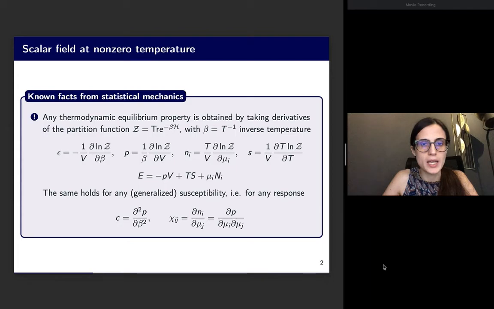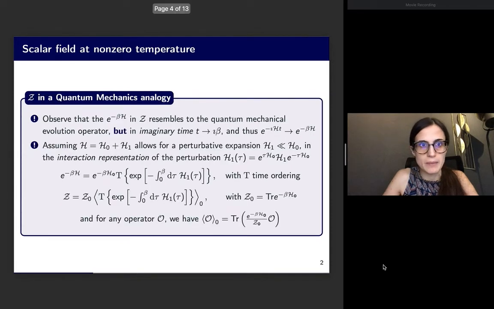The same thing we can do by taking twice derivatives against the thermodynamic variables, which gives us the response of our thermodynamic quantities, such as the pressure or the densities, to changes in some thermodynamic parameters. These are also called generalized susceptibilities and give us a measure of the fluctuations in our system.